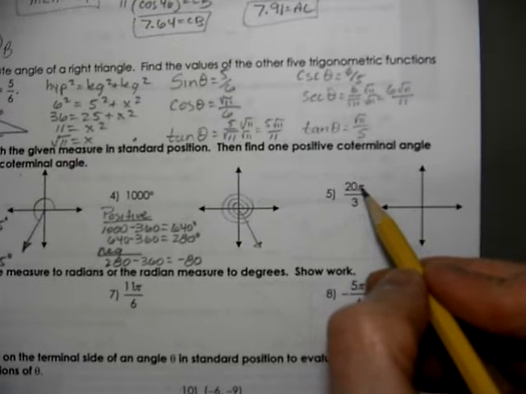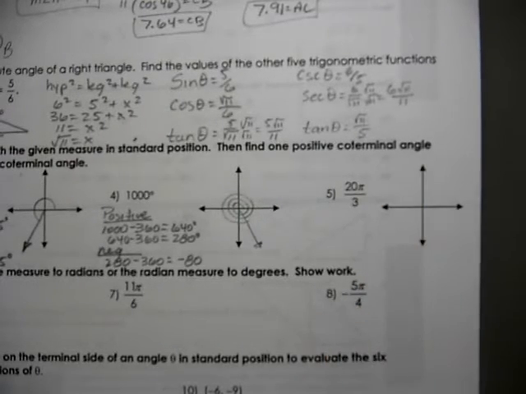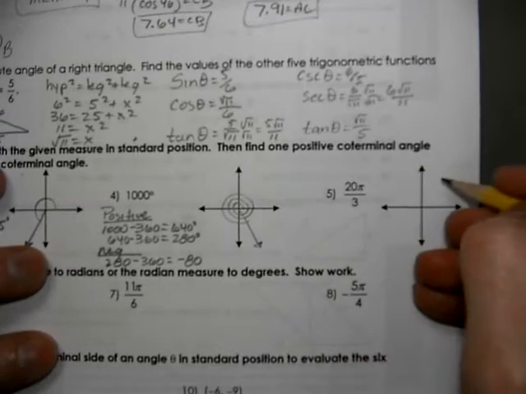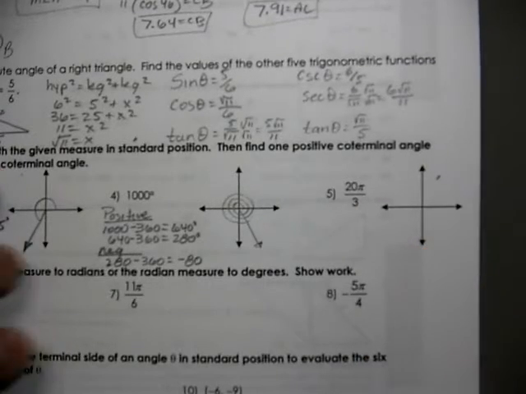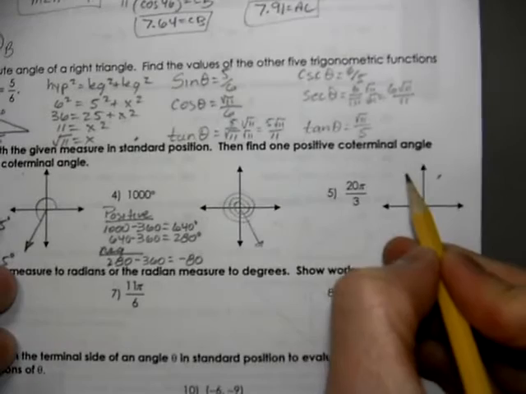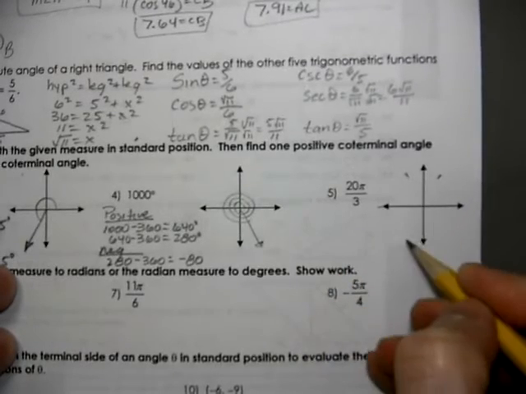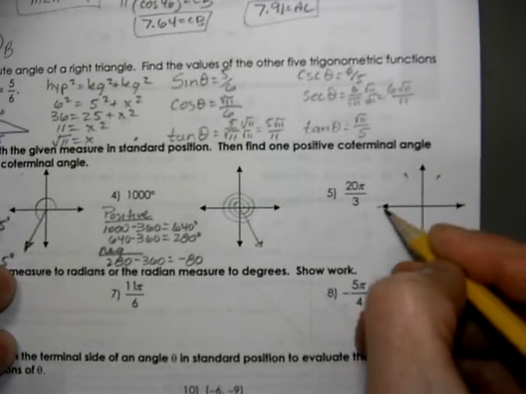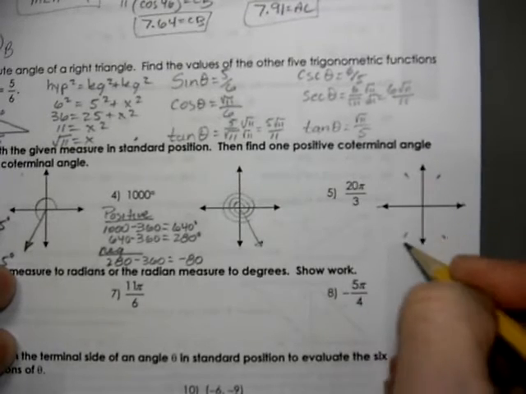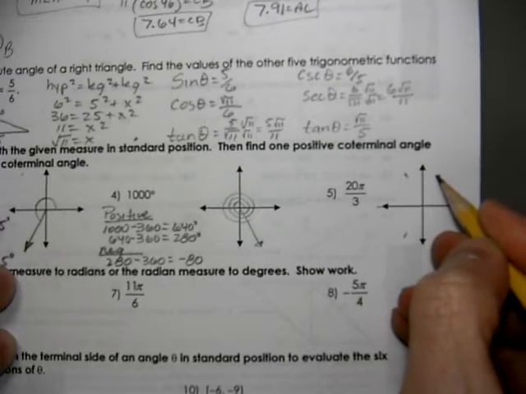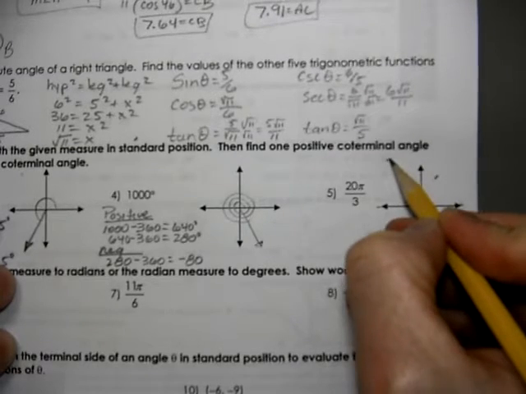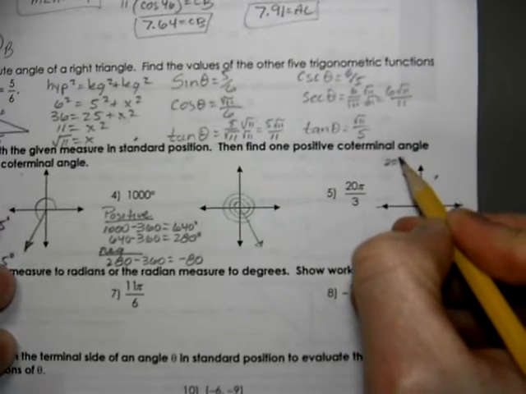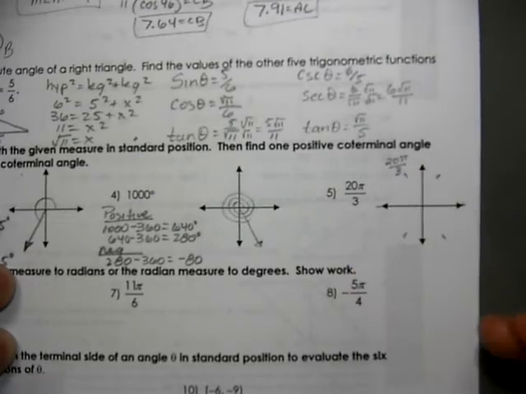Here we have 20 pi over 3. Well, that's not a normal size of an angle that you would think of for the unit circle, but you know where pi over 3 is. That's pi over 3, that's 2, that's 3, 4, 5, all the way up to 20 pi over 3.